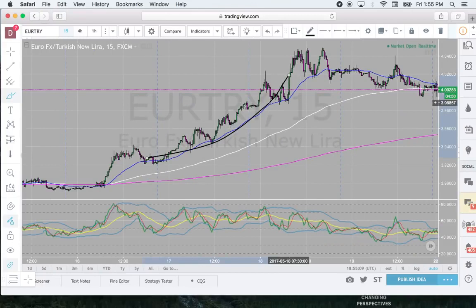Price goes up. And this works on every pair because it's the same concept. You're dealing with different commodities or currencies, but the concept behind it all is the same thing.